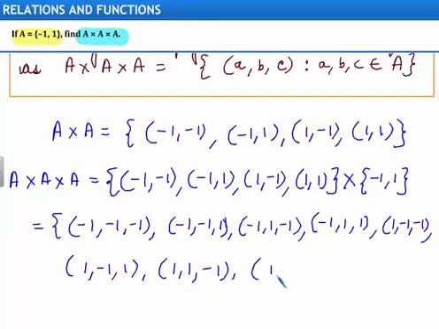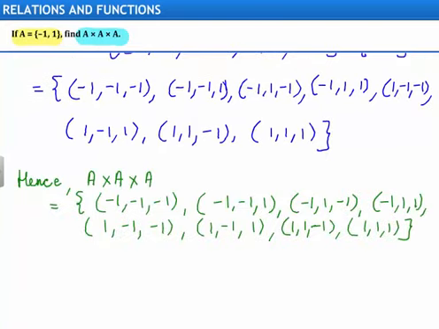And finally (1, 1, 1). Hence, the Cartesian product A cross A cross A is equal to the set of these eight ordered triples. So this concludes the solution.